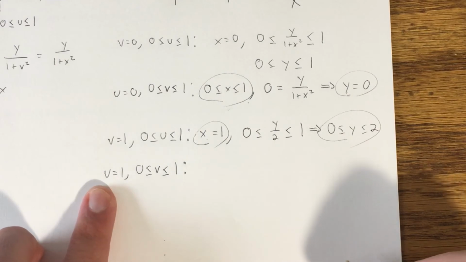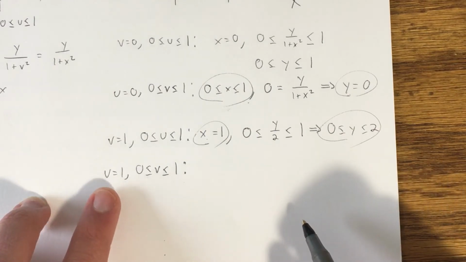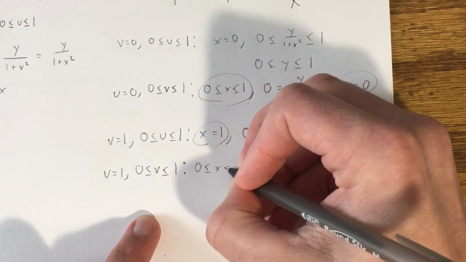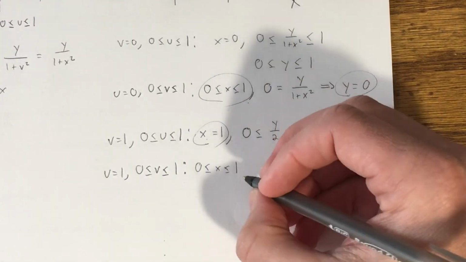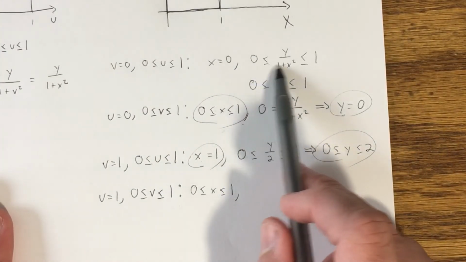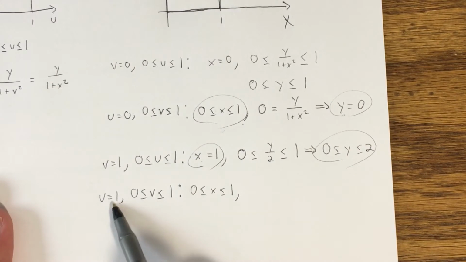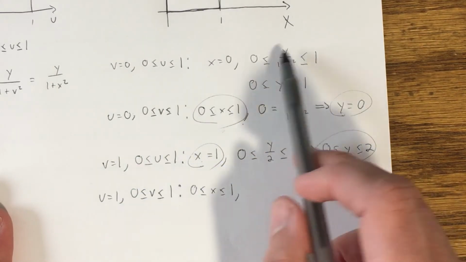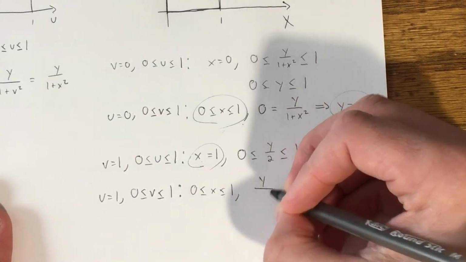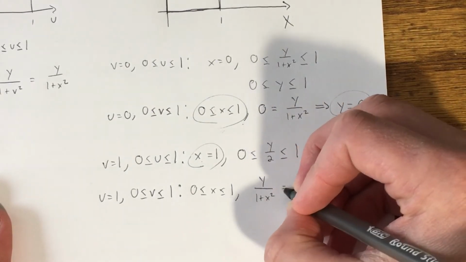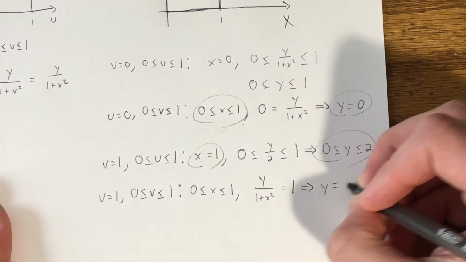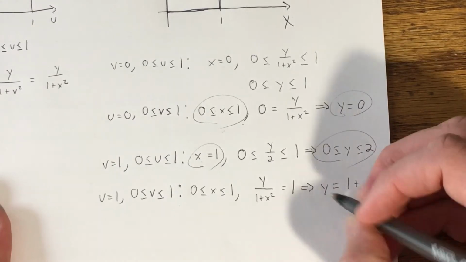So again, let's start with the V. This means X is going to be between 0 and 1 because X is equal to V. And then if I go to this inequality right here, if I set U equal to 1, that's this. Y over 1 plus X squared equals 1. Solve that for Y. Y is equal to 1 plus X squared.